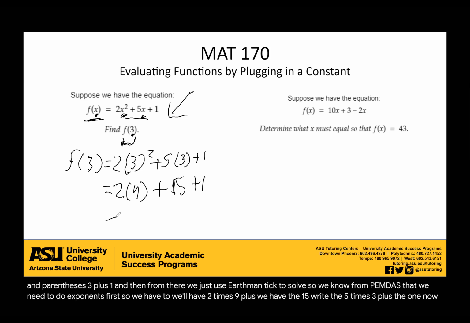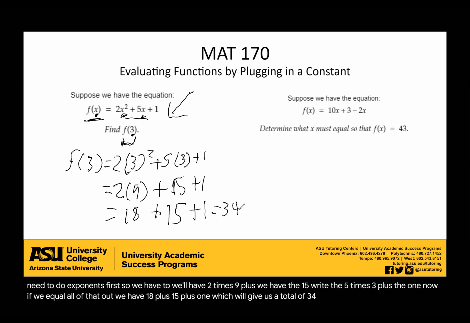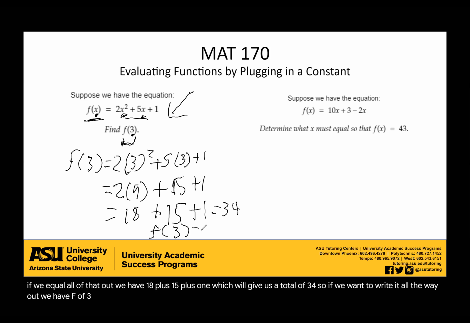Now, if we evaluate all of that out, we have 18 plus 15 plus 1, which will give us a total of 34. So if we want to write it all the way out, we have f of 3 equals 34.